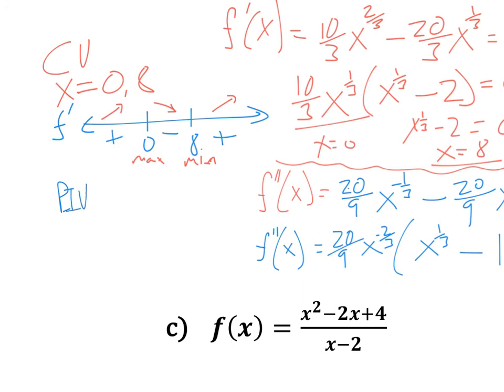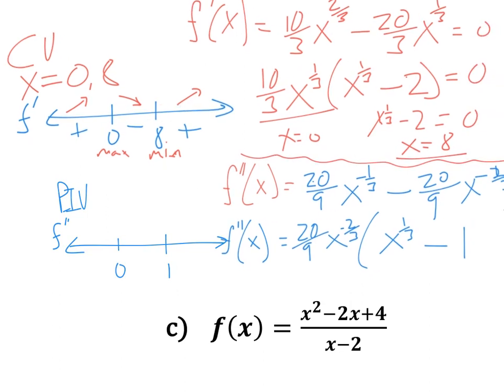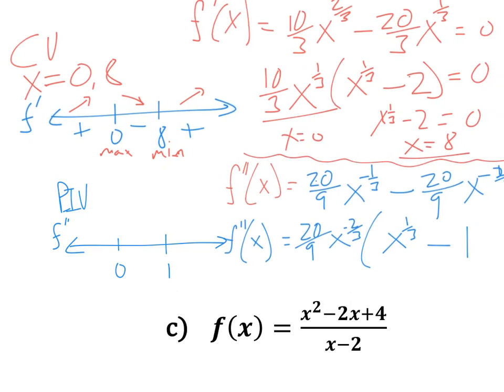For f double prime, that was 0 and 1. Testing the values here, we're looking for some concavity.